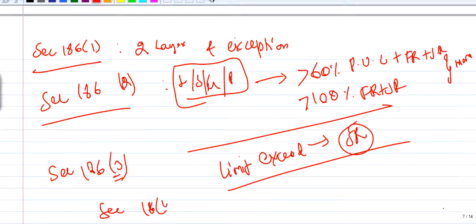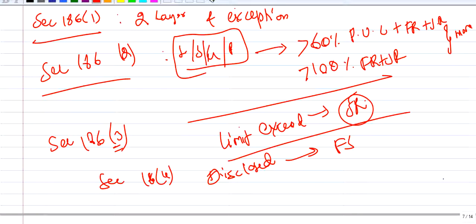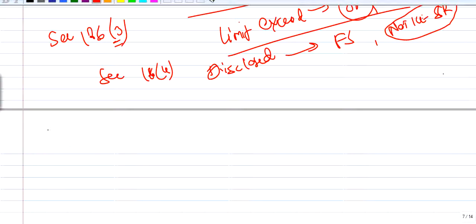What about 4? The amount of the investment or loan should be disclosed in the financial statement. That is 4. And even in the notice of the special resolution, you should mention that the limit is exceeded. Next comes 5, Section 186.